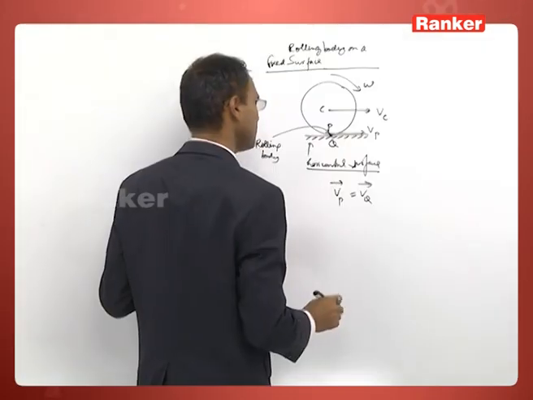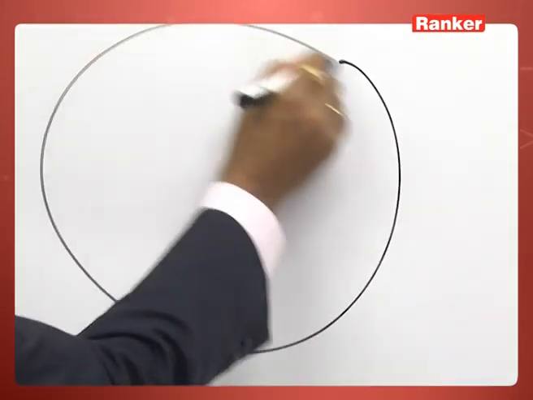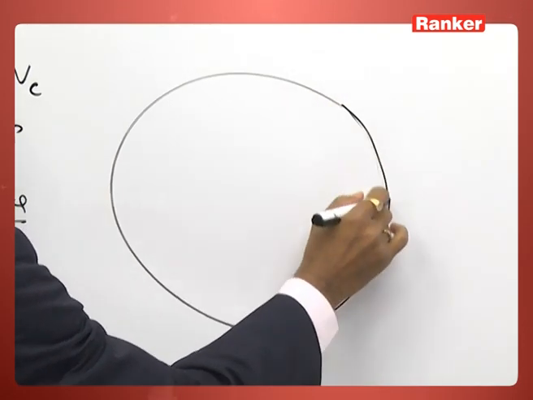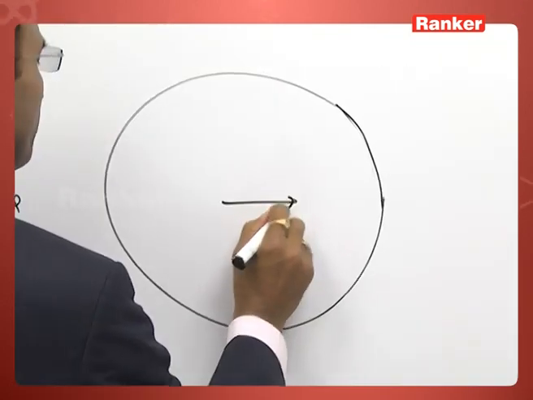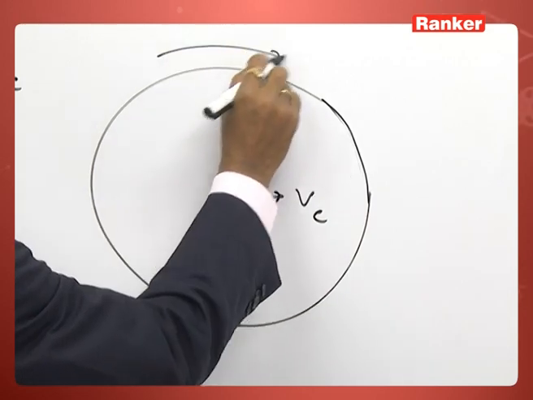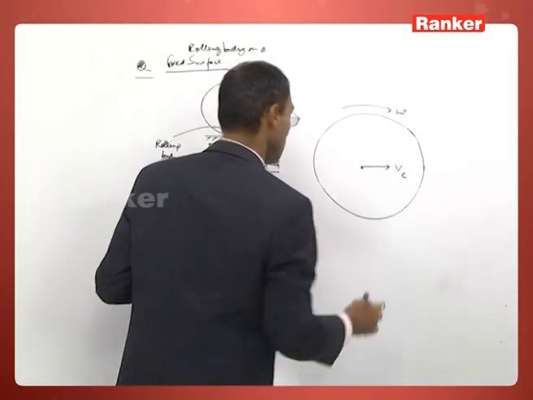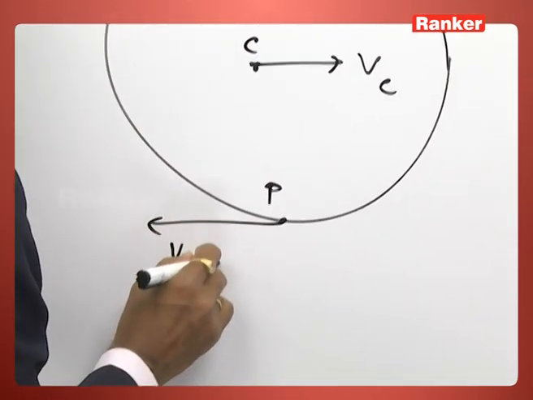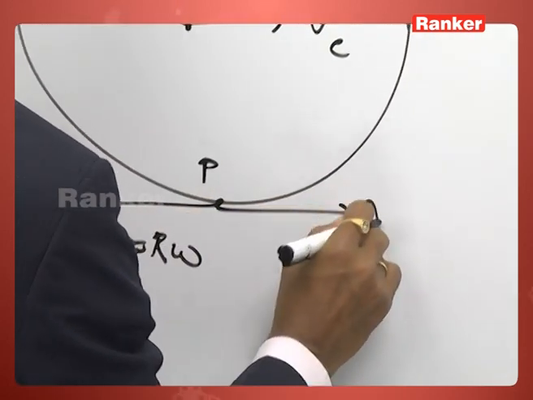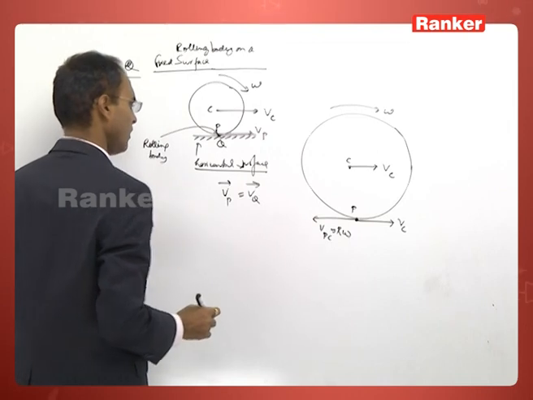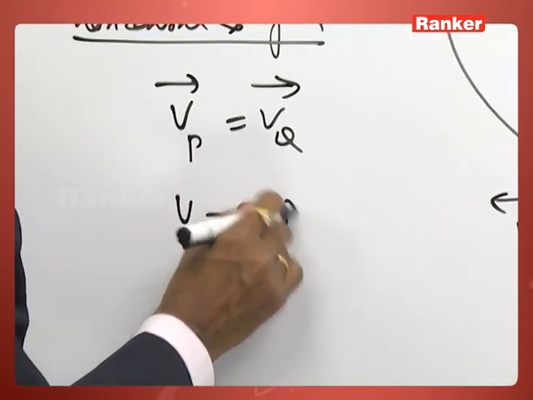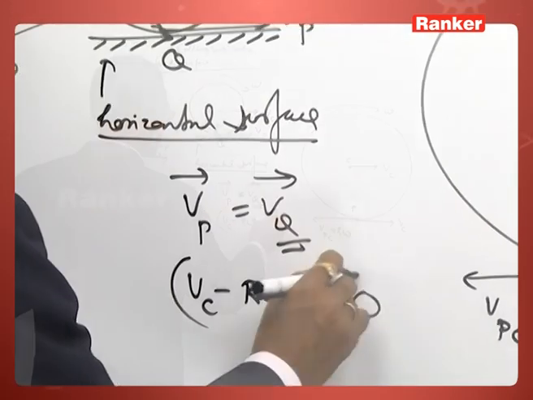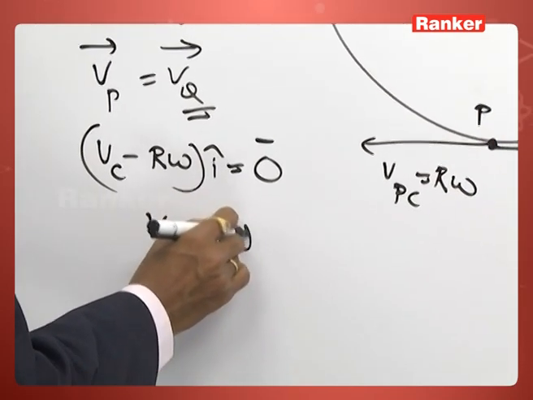What is the velocity of this point? In the last class, we talked about the calculation of velocity. The velocity of any point, say center of mass, is given, and angular velocity of the rigid body is given. Velocity of P with respect to C is equal to r omega, and this is velocity of C. So, velocity of this point will be equal to Vc minus r omega I cap, and velocity of Q is equal to 0. So, the condition is Vc equal to r omega.